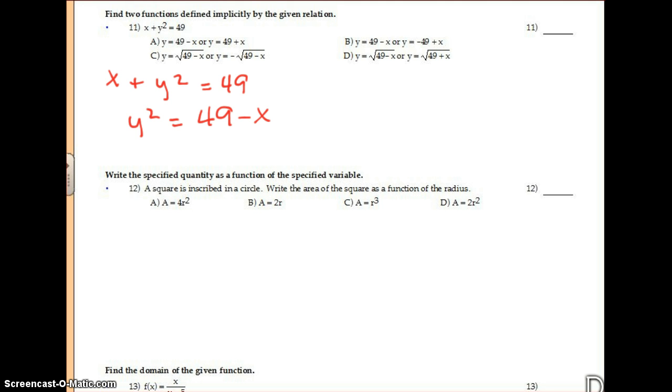And then take the square root of both sides to get y by itself. When you take the square root of a number, you have it plus or minus that value. So ultimately we have plus or minus the square root of 49 minus x, which is C.